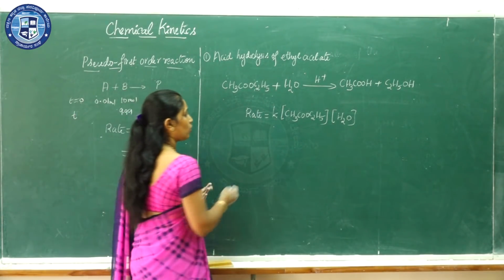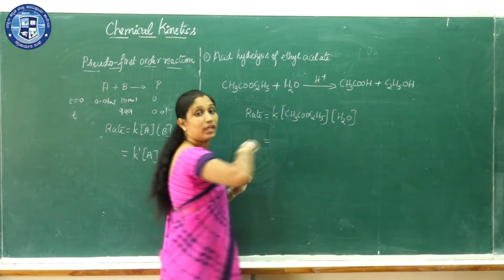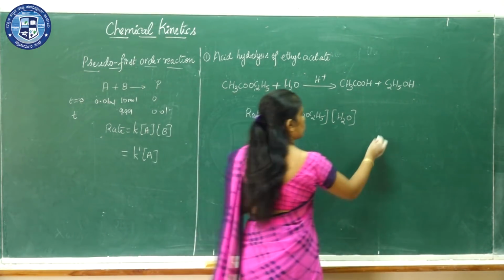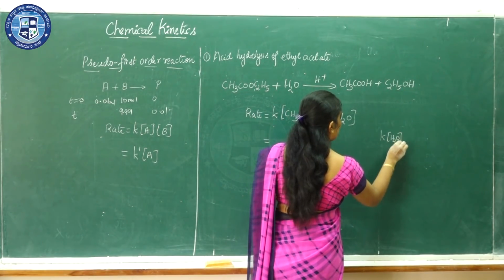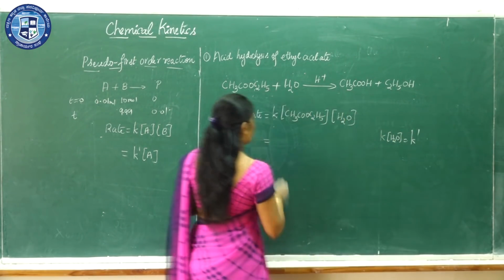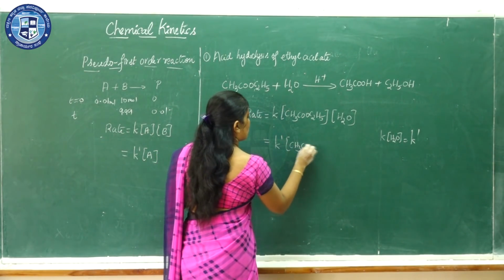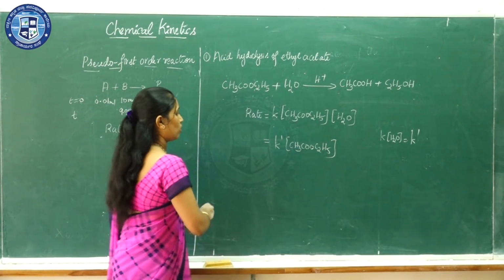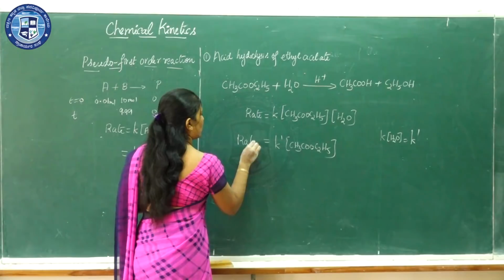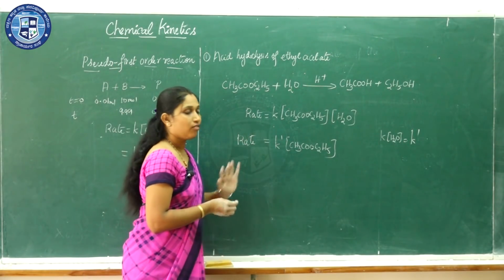You can take the concentration of water to be a constant. So you can write K times concentration of water is equal to a new constant, K dash. So it is K dash times CH3COOC2H5. The rate depends only on the concentration of one reactant.